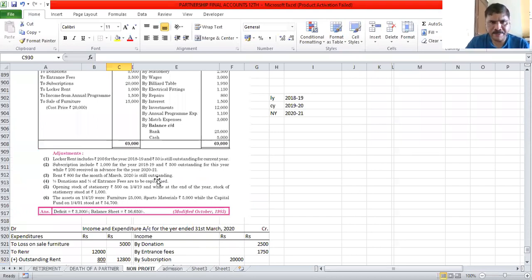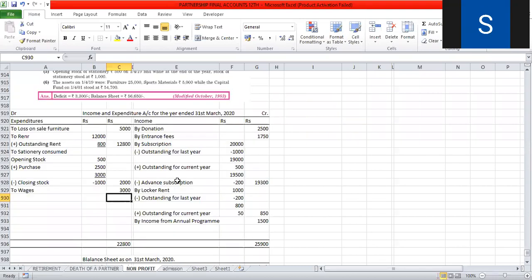Where should I take the billiard table? Do you understand? Asset. Billiard table 1,950.